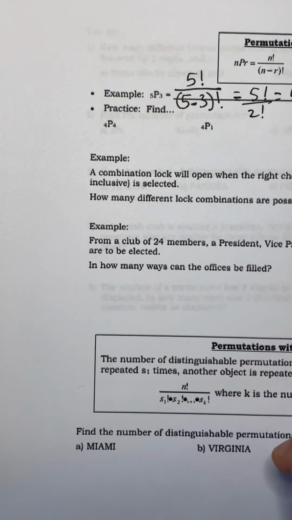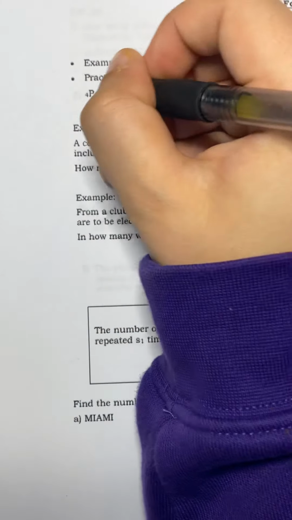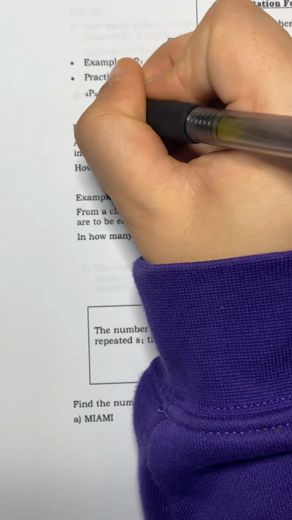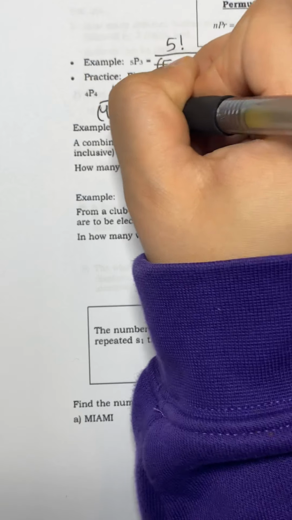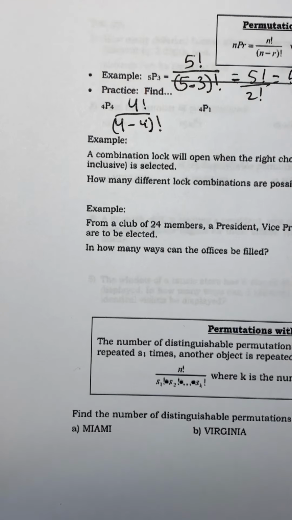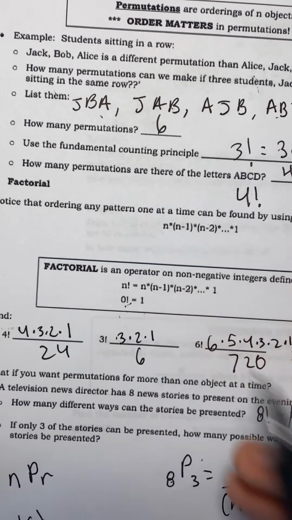We got 4 permutation 4, which is 4, choose 4. So we got 4 factorial over 4 minus 4 factorial. And remember, I said on the previous page, 0 factorial is equal to 1.